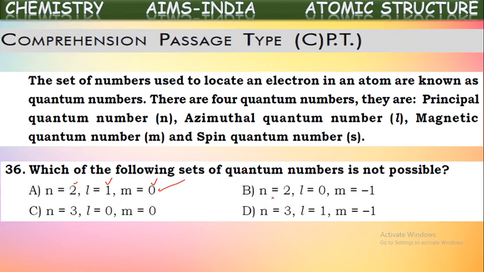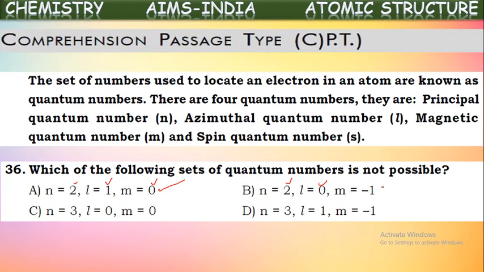And if you see here, n is equal to 2 means second shell. l value may be 0 because l possible values are 0 and 1. So it is given here 0, it is possible value only. And m values, if l value is 0, m values will be, as we know, minus l to plus l including 0. So here l value itself is 0, so m value will be also only 0.